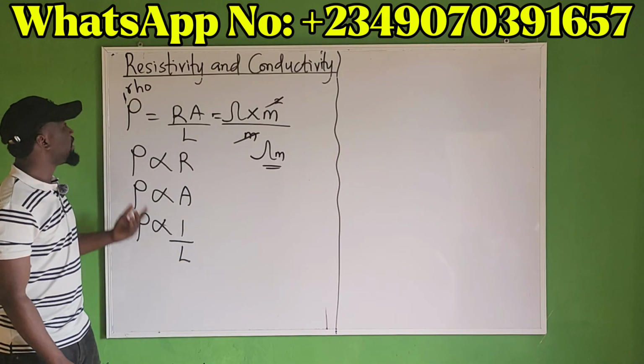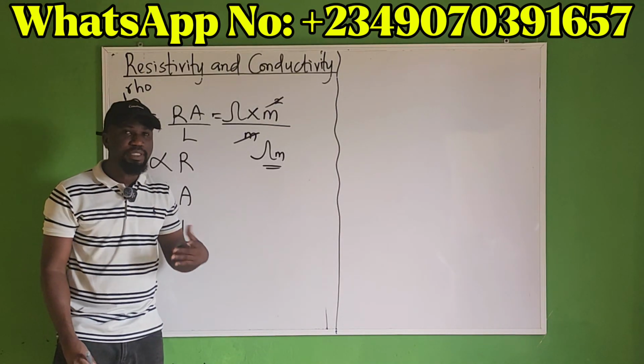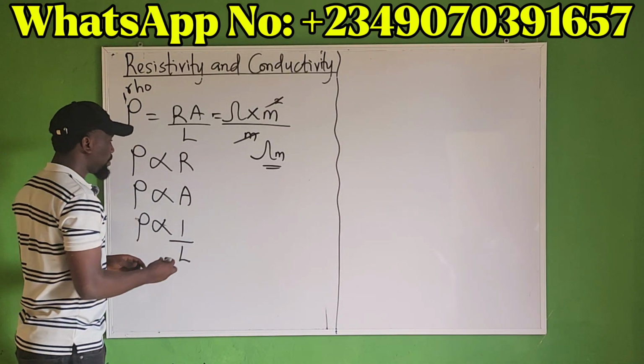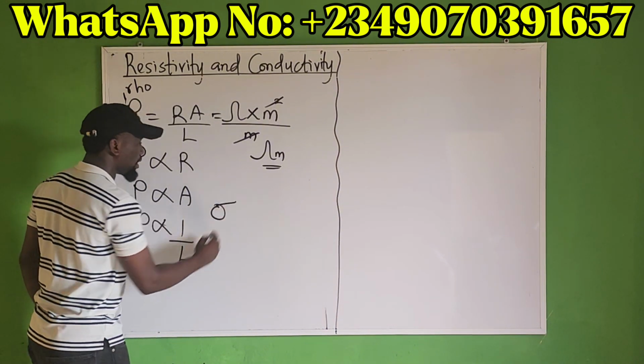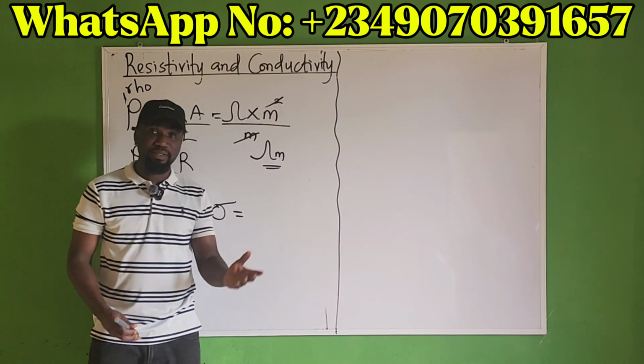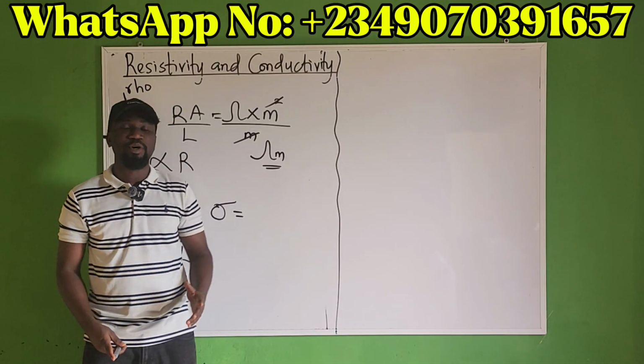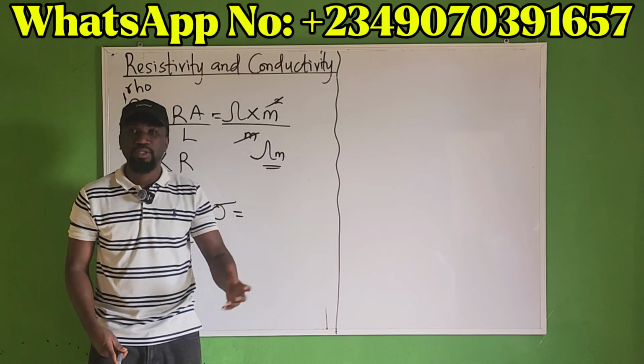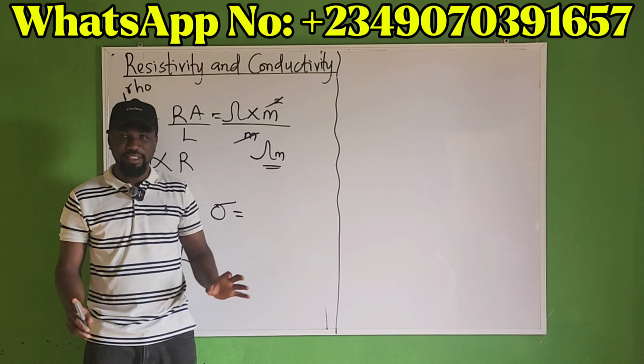All right. So the next thing is what we call conductivity. We use sigma to represent conductivity. The conductivity of a material is the ability of that material to conduct electric current, as simple as that.